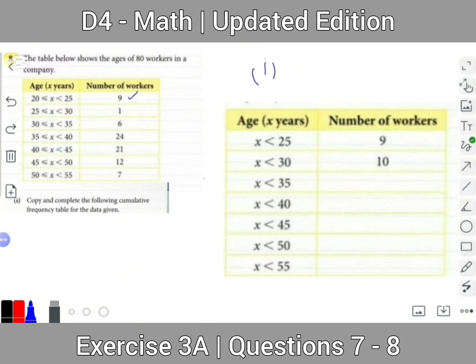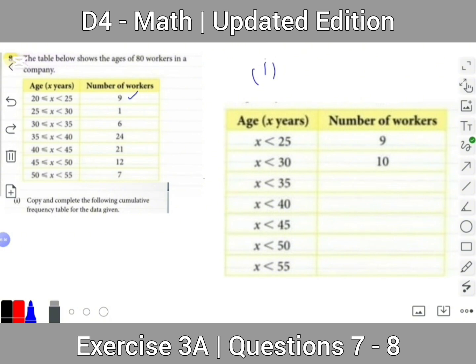So we will copy it as it is into the cumulative frequency table as well, like X less than 25 years with the frequency of 9. Since the cumulative frequency for the second entry is already given in the question, and that is 10, we will begin with the third entry.